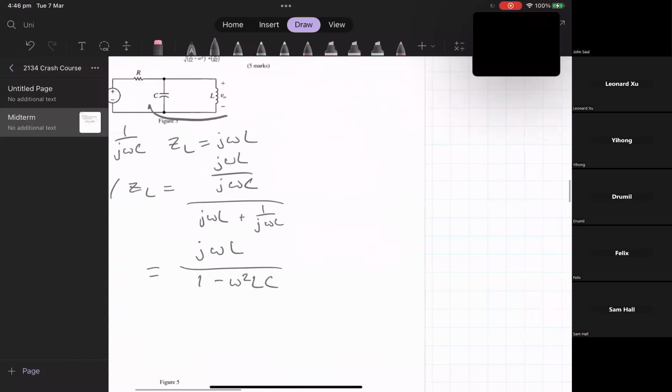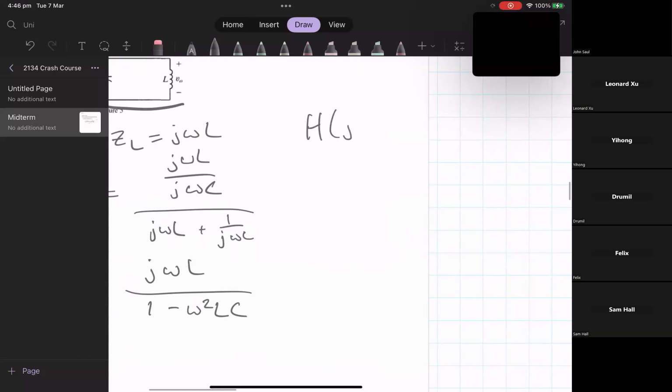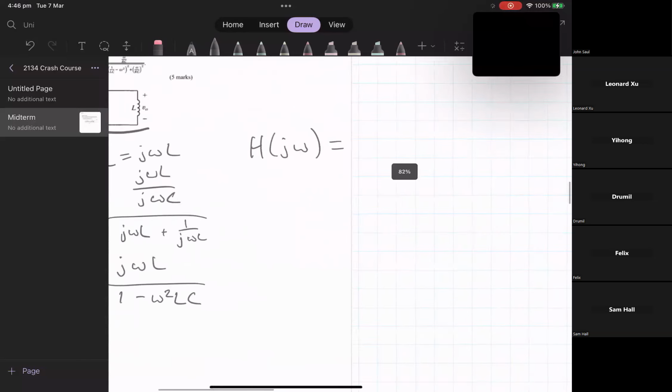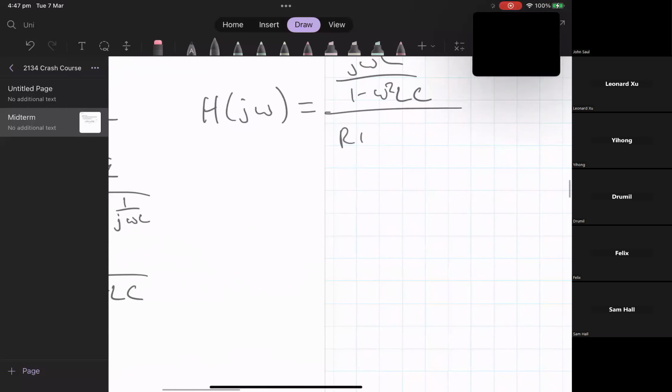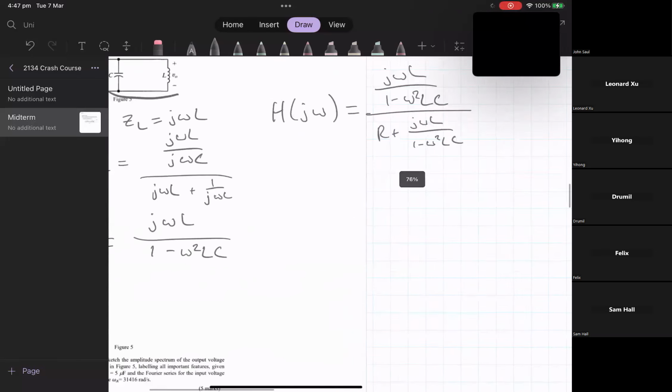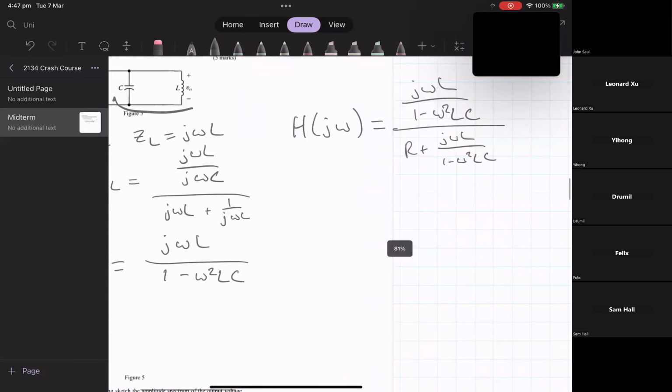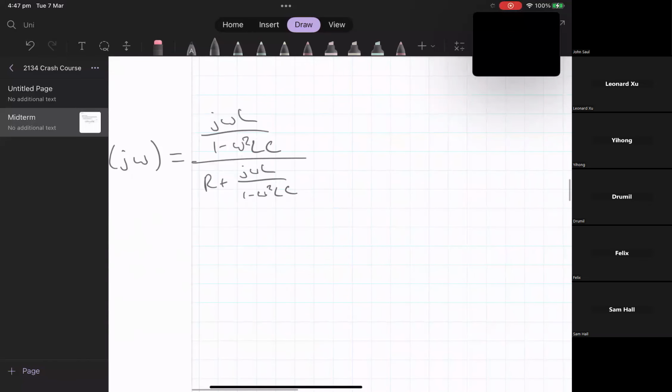And then in terms of our transfer function, we have h of j omega is voltage division.